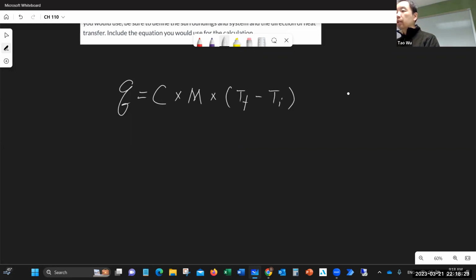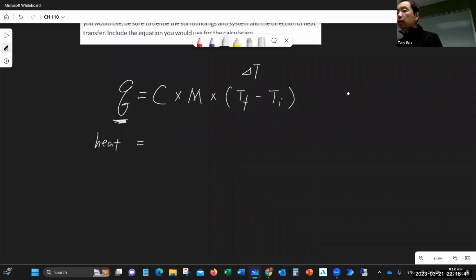So C times M times final temperature minus initial temperature, and this is delta T, so it's just C times M times delta T. The Q we already talked about. This is the heat.